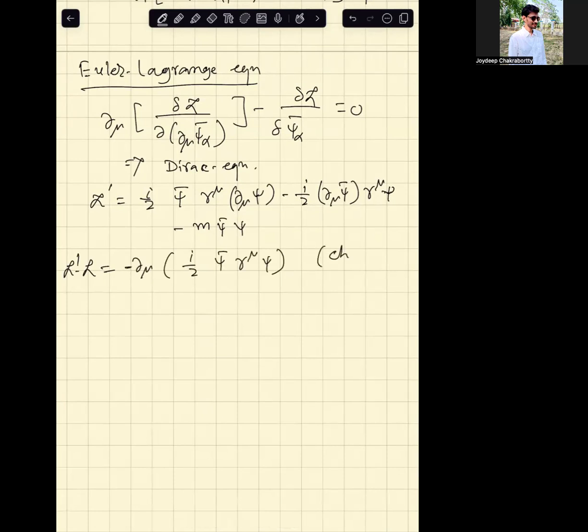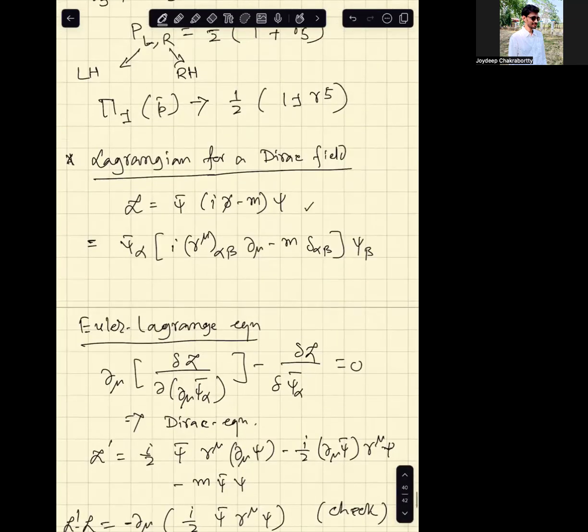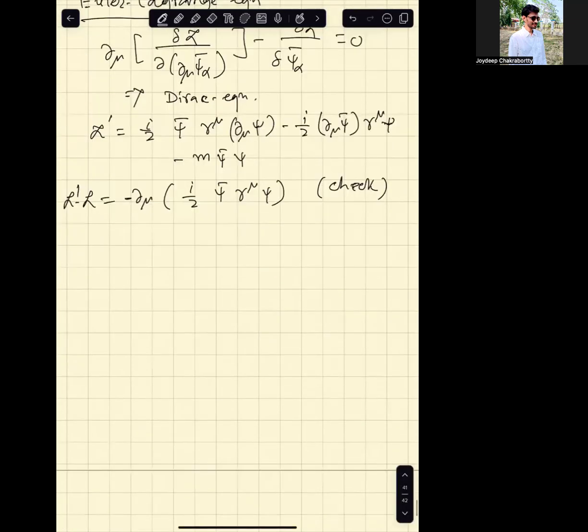Please check this sign. I've defined my Lagrangian here, and I define my L prime, which contains the equation with respect to particle and antiparticle both, and the mass term. If I subtract these two, I find that this deviation is del mu times this quantity.